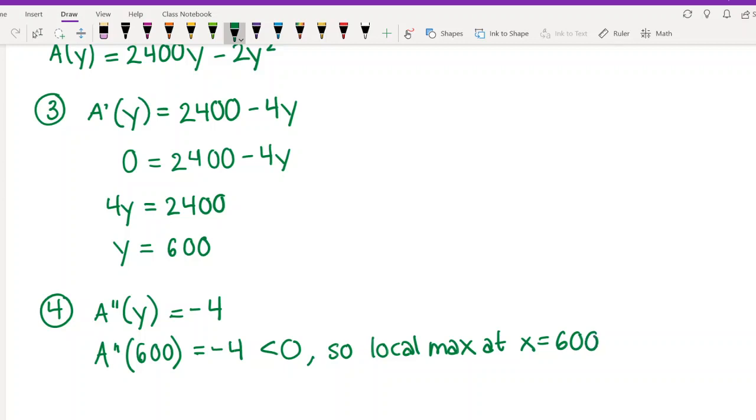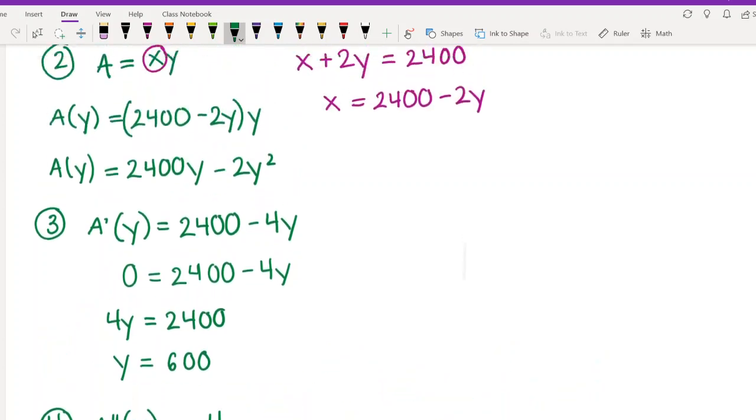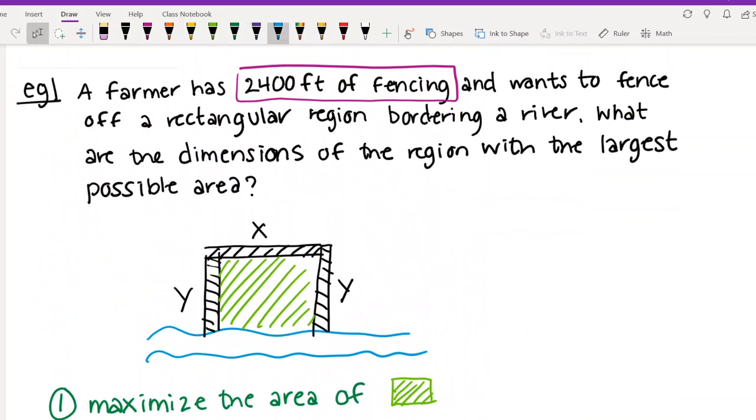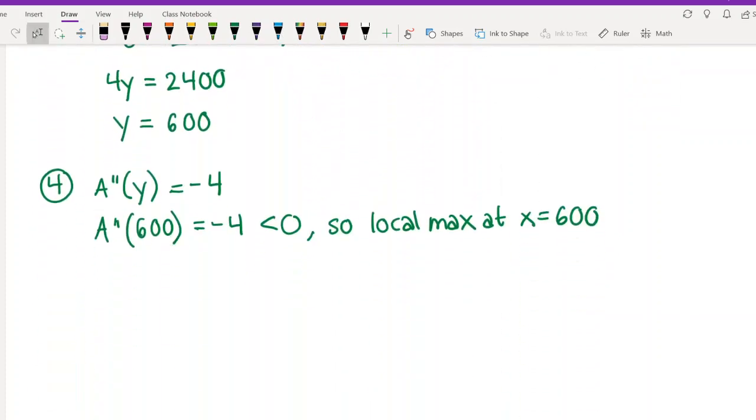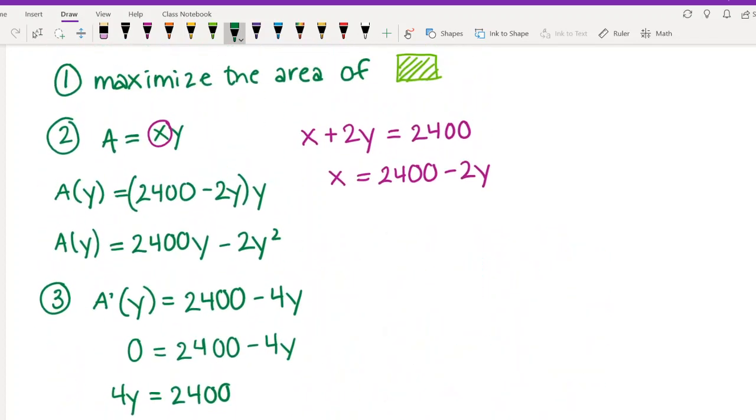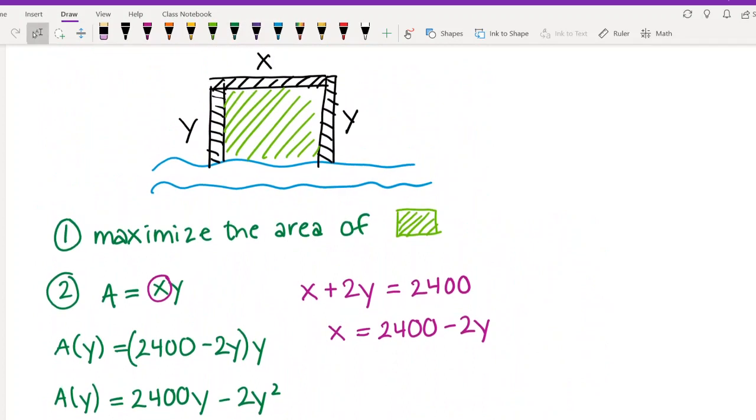So the final step is to figure out what it is that the question is actually asking us for. Here it's asking us for the dimensions. We found just now what y is, we now need to figure out what x is. So the dimensions are y is equal to 600. That's one dimension. And then how do we find x? Well, we know that x plus 2y has to equal 2,400.